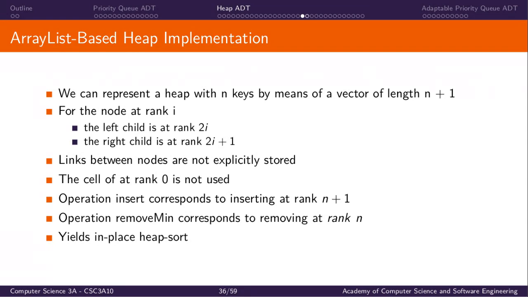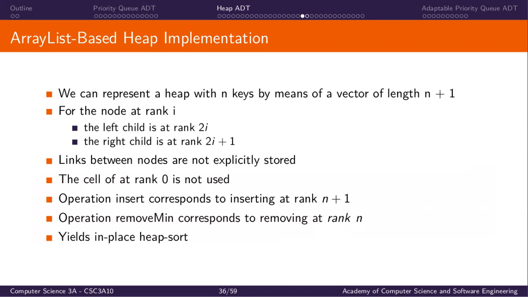We now don't have to store links between the nodes, because from any key that's stored at a particular rank, we can simply calculate what the rank of its left child and right child should be. So we don't actually have to have that linked structure to create the concrete structure where we're storing this heap.